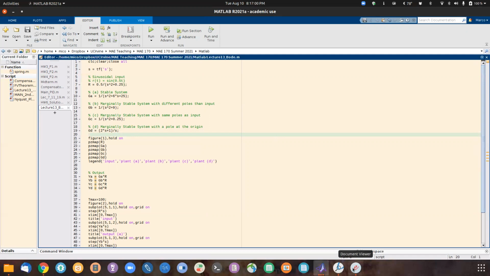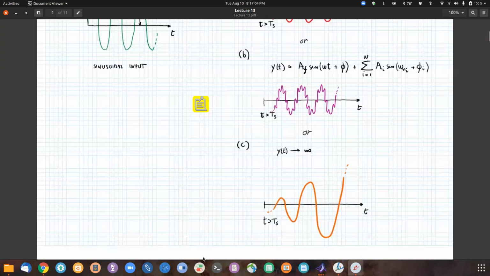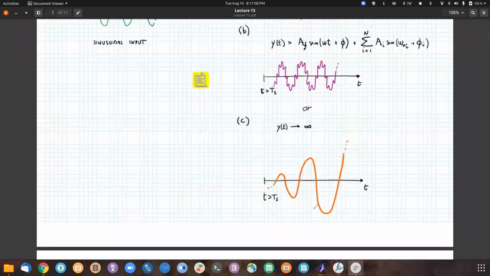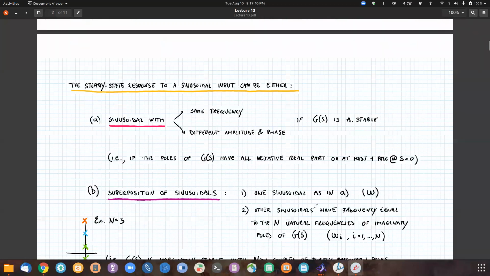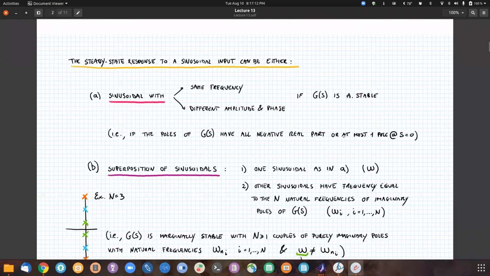All right, let's go back to the notes. Right here is just a description of what I've already said. You can have a response that is sinusoidal. So it's another harmonic function with the same frequency, but different amplitude and phase.